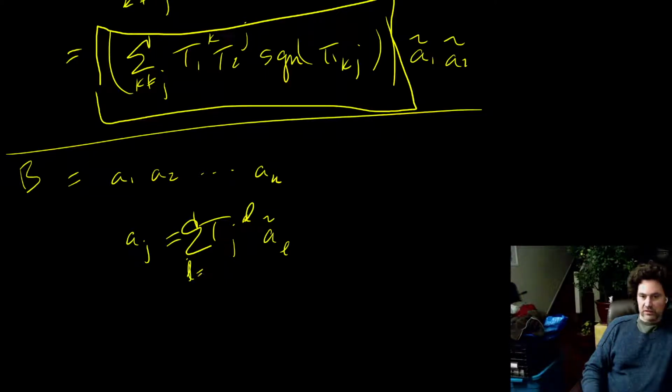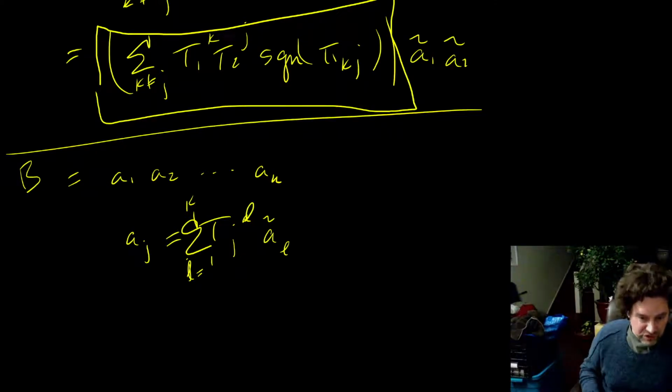Sum over L equals 1 to 2. Okay, there's our linear transformation.